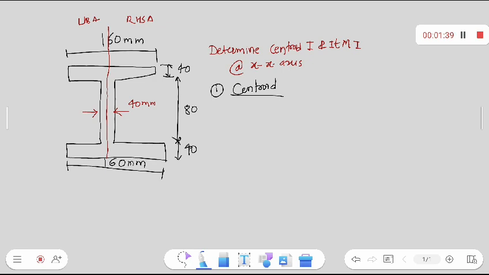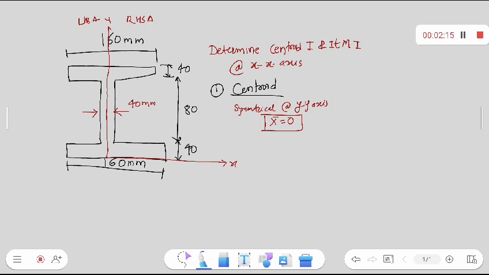One more reference axis is the x-axis, and this is the y-axis. If the section is symmetrical about the y-axis, then x1, x2, x3 are 0 and x bar equals 0.